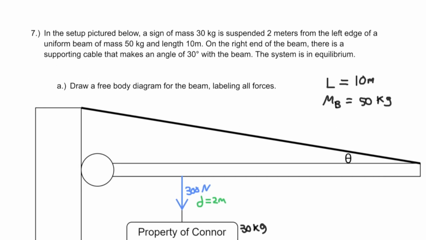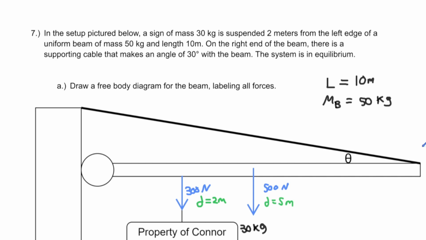Next, the beam is not massless. So right down the center of mass of the rod, there's going to be 500 newtons of weight. And if the beam is 10 meters long, the center of mass of the uniform beam is just 5 meters along there.